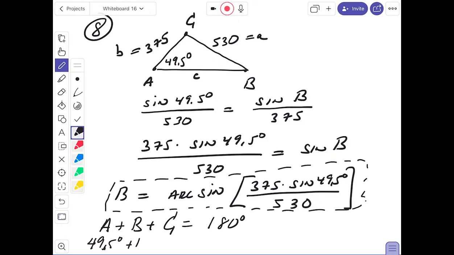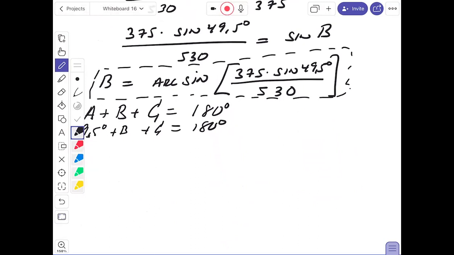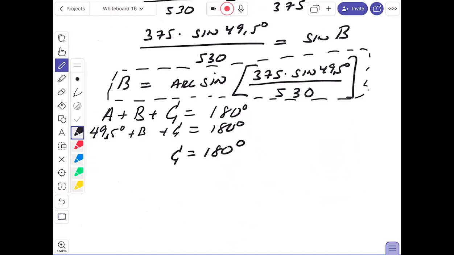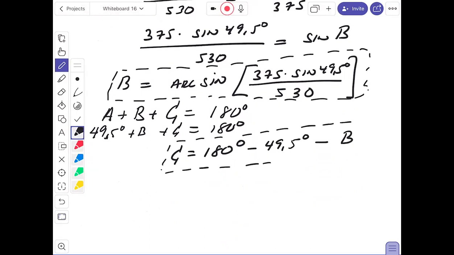I know B, but I don't know C. Now someone says, why don't you write B down? It's too much work. I'm going to put this down over here. And what's C going to be equal to? 180 degrees minus 49.5 degrees minus the B. A little box on this one too, indicating this is an important fact in the problem.